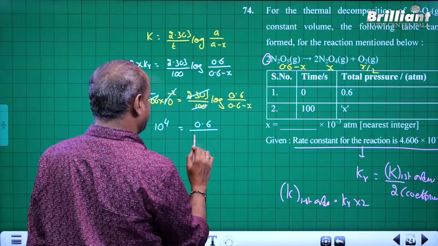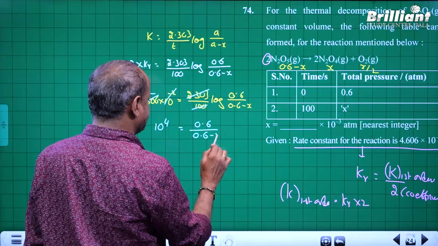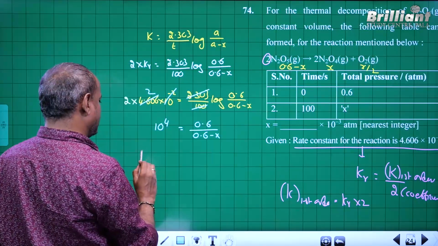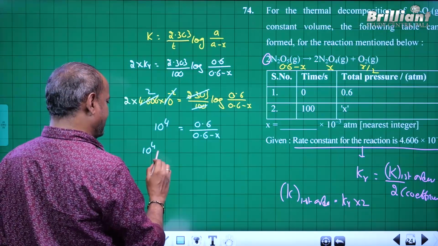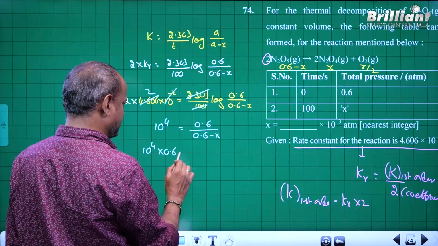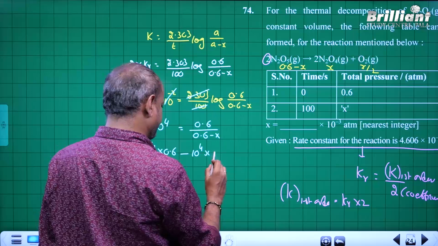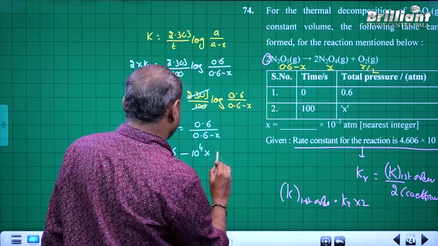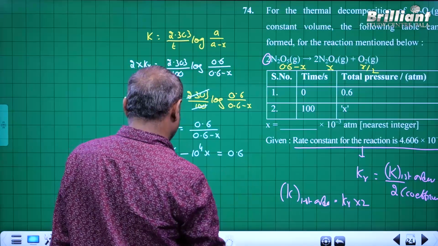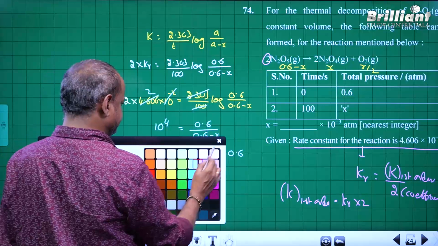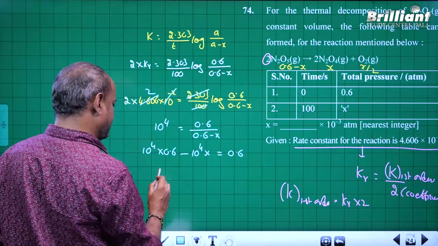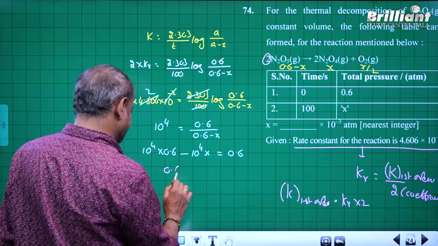0.6 by 0.6 minus x. So 10 raised to 4 into 0.6 minus 10 raised to 4 x is equal to 0.6. Take the common term 4. 0.6 minus x.